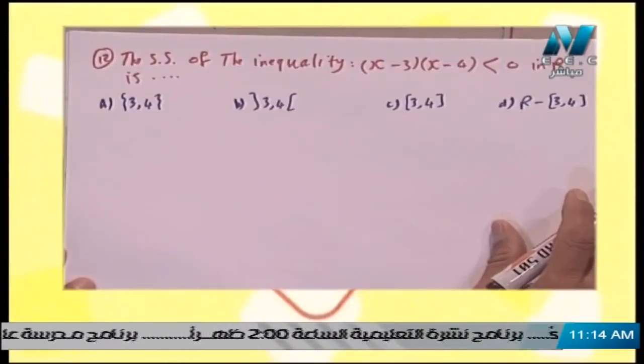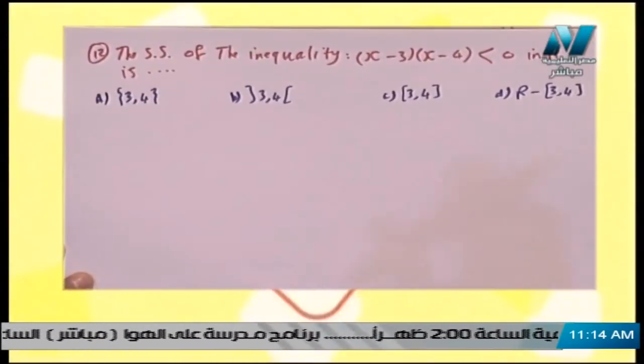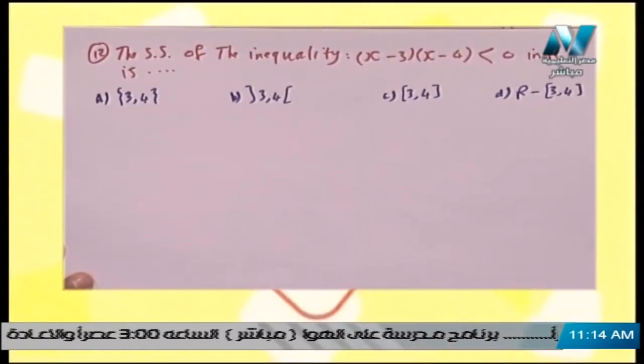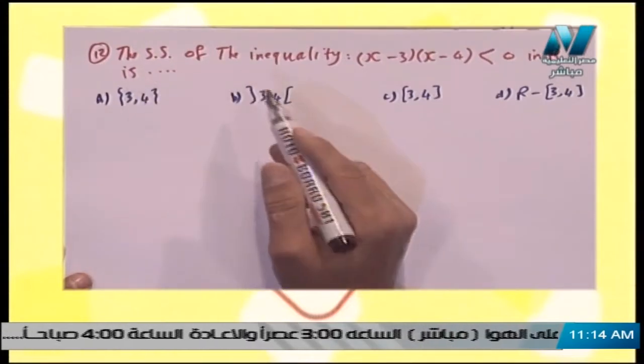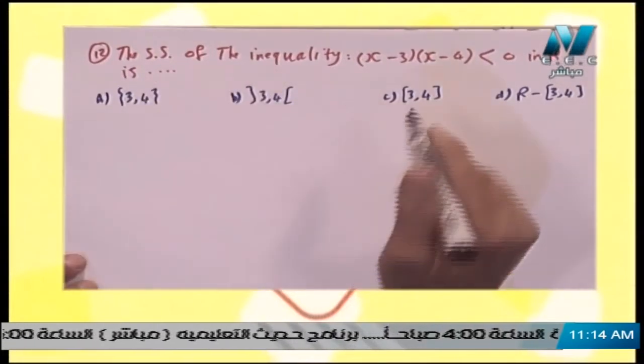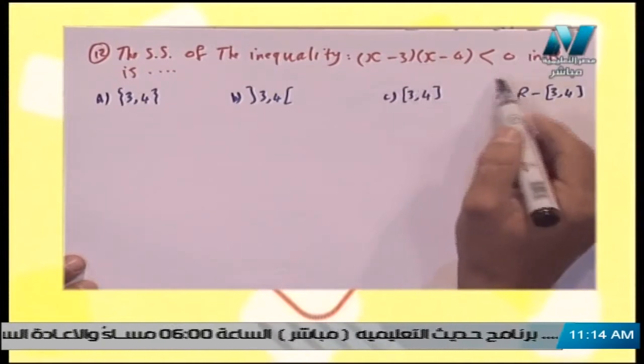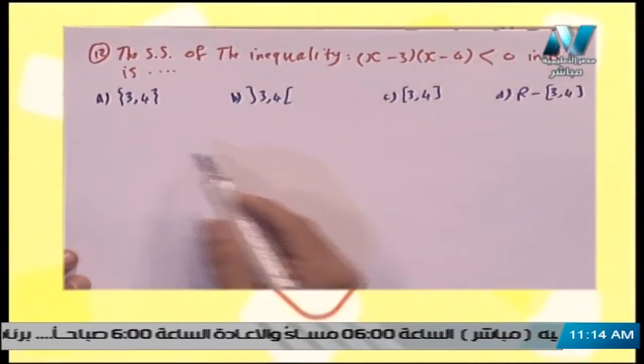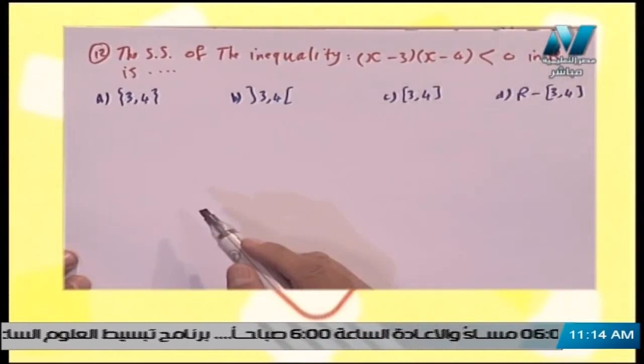Yes, my dear students, we have many questions for you, and this is question number 12. Yes, the solution set of the inequality (x minus 3)(x minus 4) less than 0 in R is what from these.